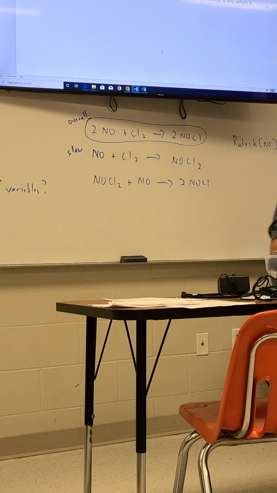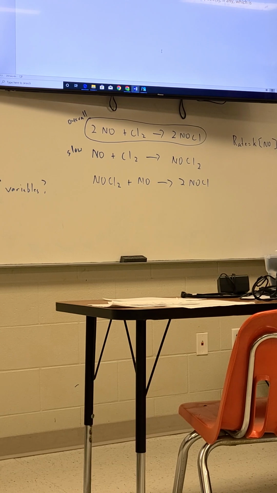A catalyst is a reactant first and then a product. An intermediate is a product first and then a reactant, if we're talking sequentially or in order.